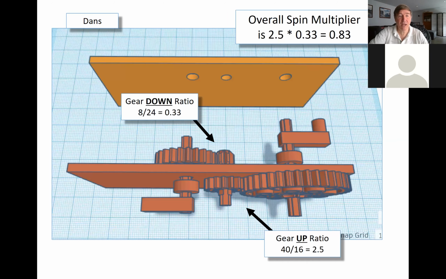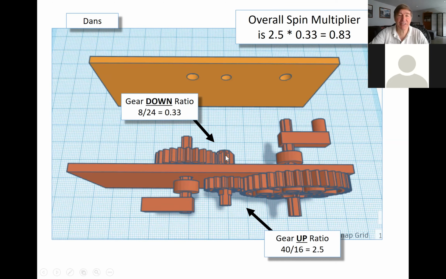Let's see. All right, so Dan's did basically a similar thing. He chose a different way to arrange his gears, and you'll see that he got a very different overall gear multiplier. His first set of gears here, he paired up a big gear with a small gear, which gave him a gear up ratio.